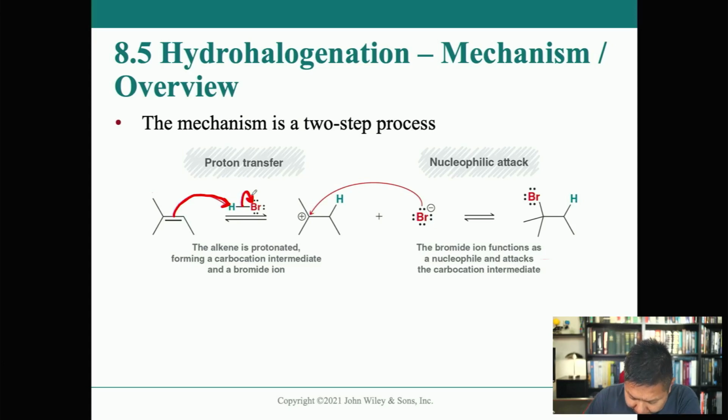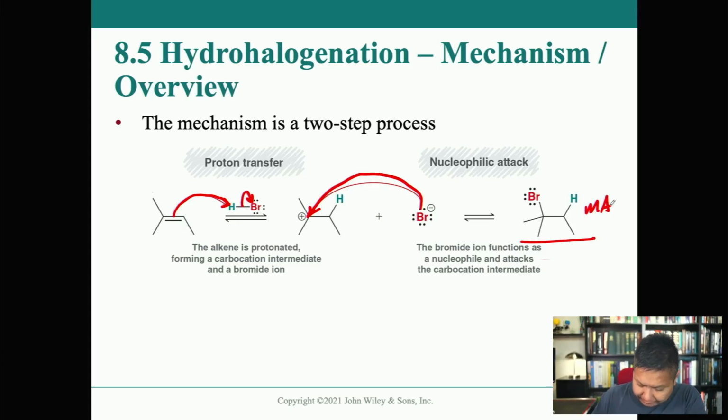And then bromide, rather, comes over and does a nucleophilic attack on that tertiary carbocation, and that gives you our product. Oh, I just got a little cramp in my chest. Ouch. And this is our MA, our Markovnikov addition. Pretty simple.